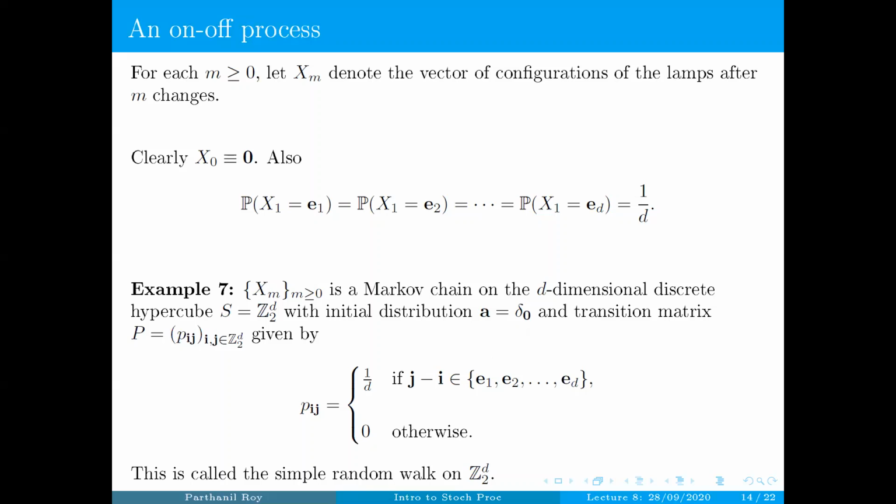If you look at the graph of Z_2 to the power d, all you are doing in that graph is, at every stage, starting from the origin, the vector 0, and then moving to one of the neighbors at random. And then wherever you are, you're moving to one of the neighbors at random and so on. So you're always in the graph of Z_2 to the power d, just moving to one of the neighbors uniformly at random. That's why it's a simple random walk on Z_2 to the power d.